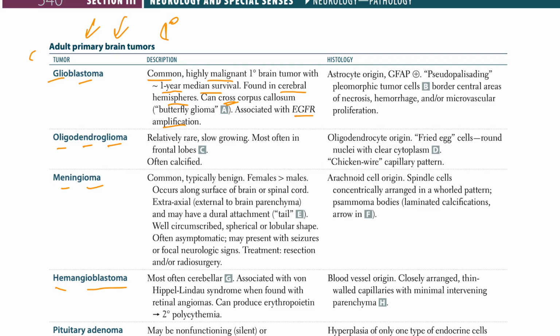On histology, because the glioblastomas are of astrocyte origin, they will be GFAP positive. Pseudopalisading will be seen of pleomorphic tumor cells with a border, and central areas of necrosis, hemorrhage, and microvascular proliferation.